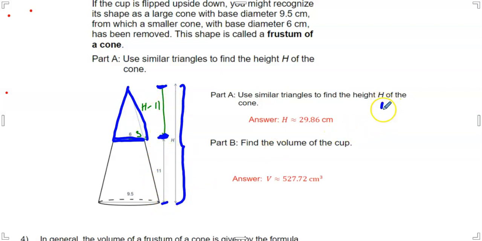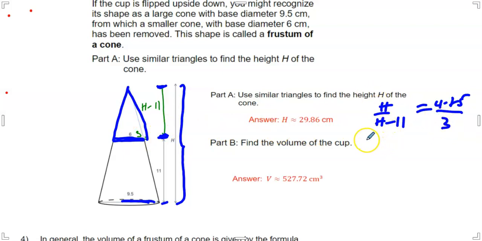So by similar triangles, h over h minus 11 should be equal to the radius of the bigger base, which is 9.5 over 2, which is 4.75, divided by the radius of the top, which is 6 divided by 2, which is 3.